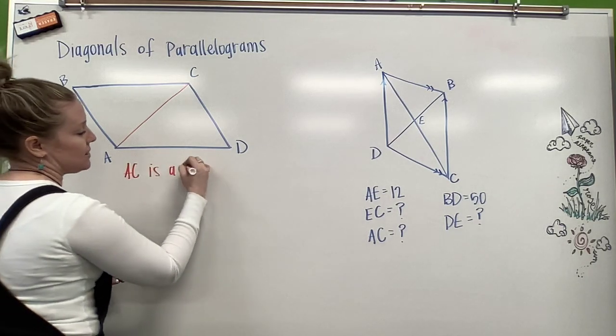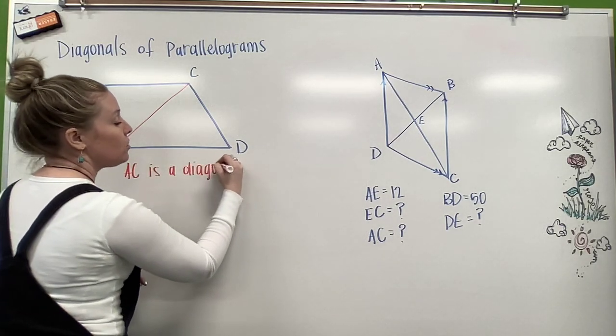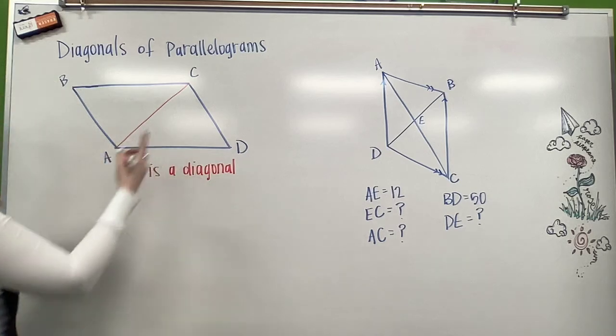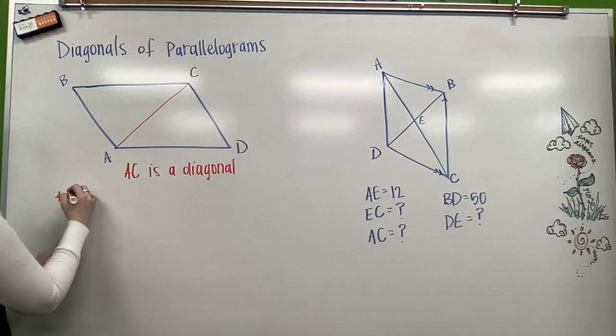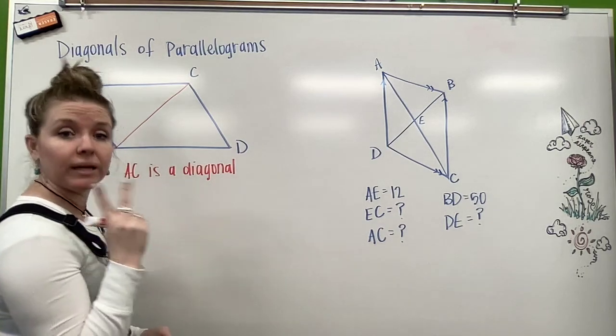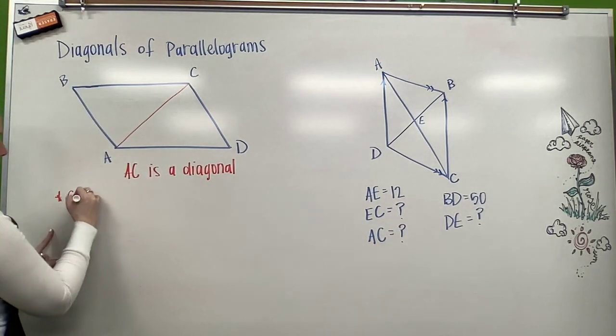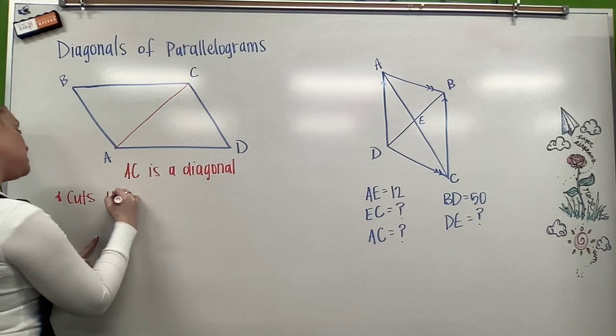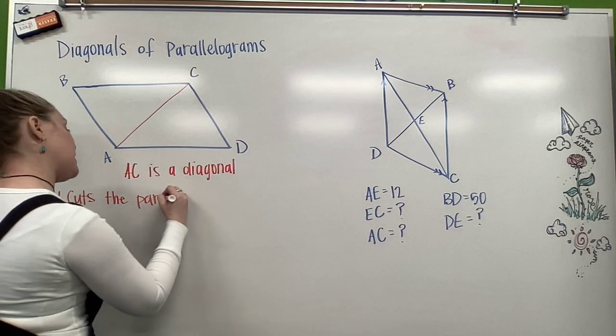AC is a diagonal. One of the really cool things about our diagonals is that they cut our parallelogram into two congruent triangles.